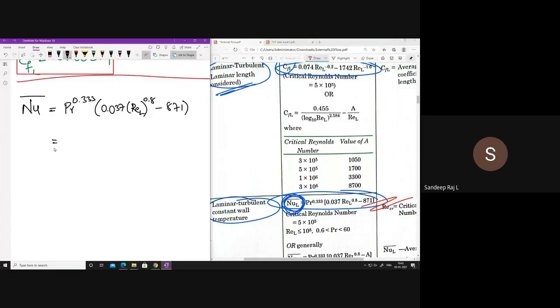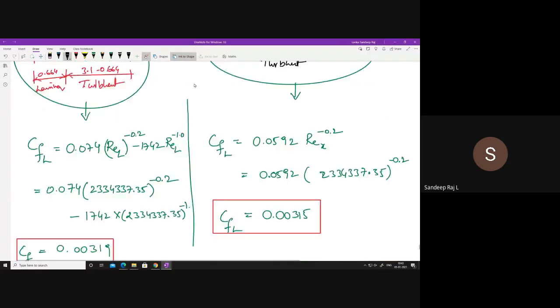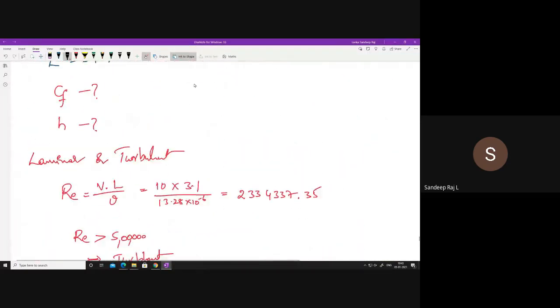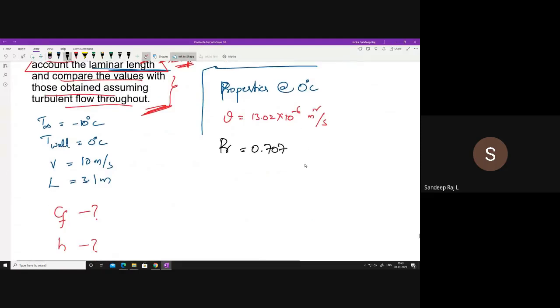What is the Prandtl value? You don't know. You have to get it from the data book. So move to the data book, to the properties of air, get the value of the Prandtl number at 0 degrees centigrade. The Prandtl value is 0.707.